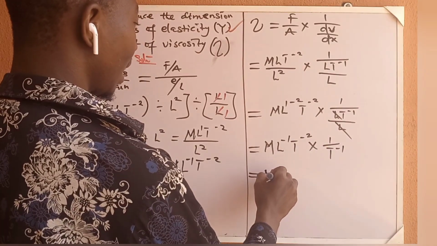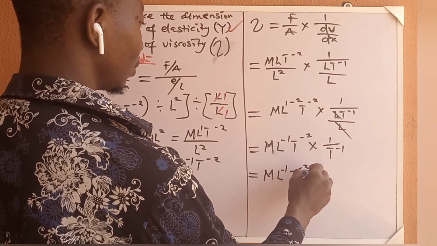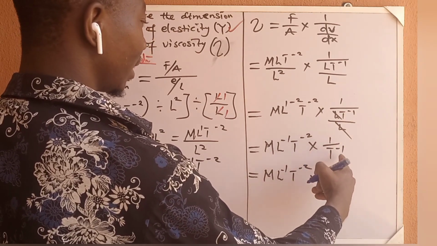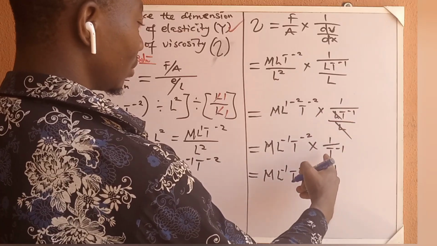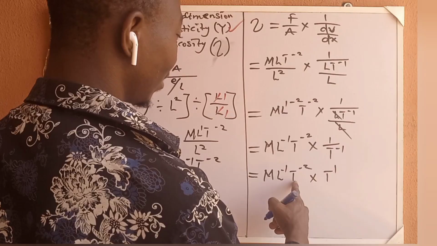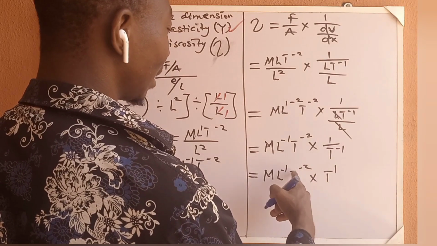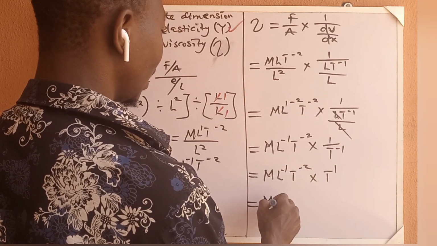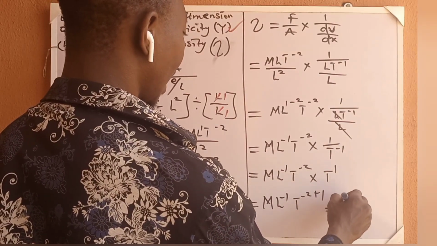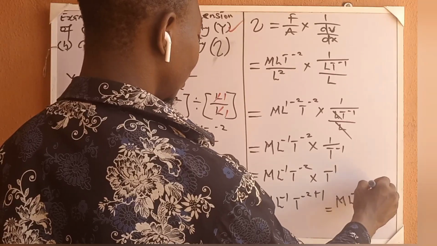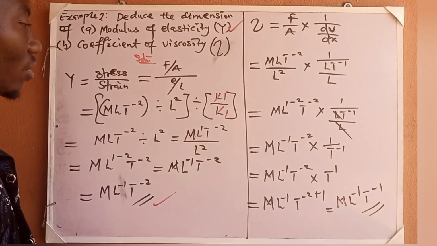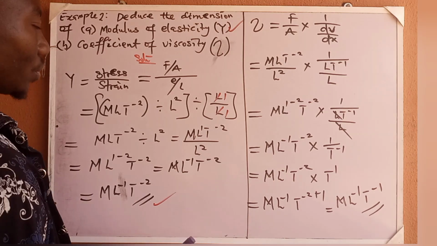And this gives us m L inverse T to the minus 2 times T to positive 1. When this T inverse goes up, it becomes a positive value in the power. So we apply indices again. We have T here, we have T here, so we add their powers since they are multiplying. So this will be L to the power minus 1, T to the minus 2 plus 1. This gives us m L minus 1, then T to the minus 1. And that is the dimension of coefficients of viscosity.